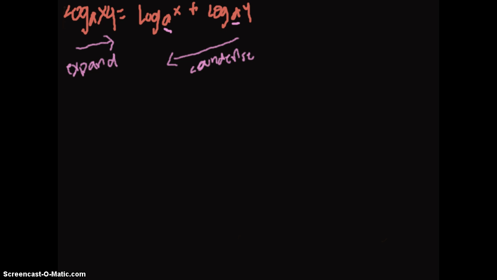Okay, so the next property is, let me switch back to my color, log base A of x over y is equal to log base A of x minus log base A of y.